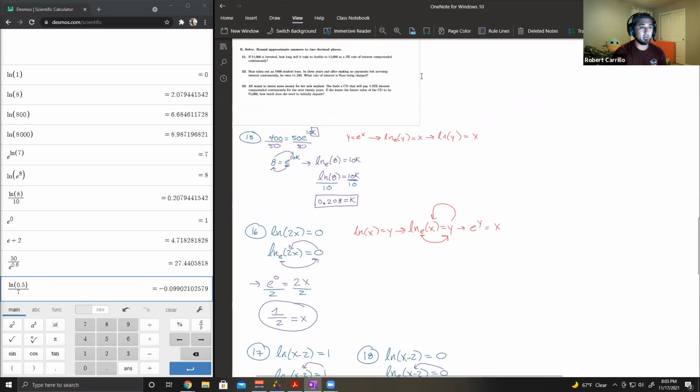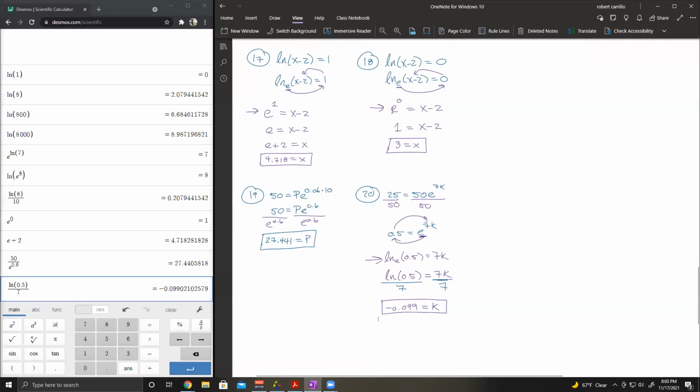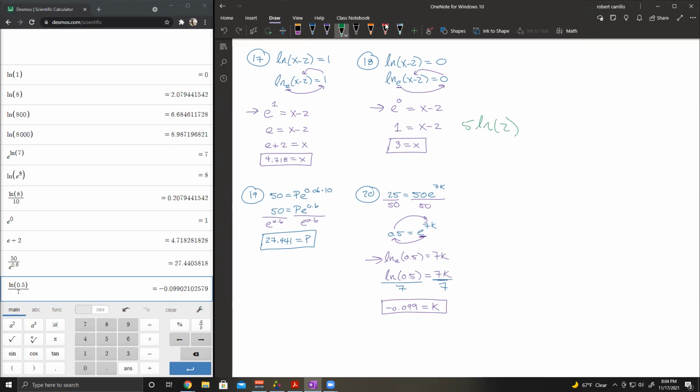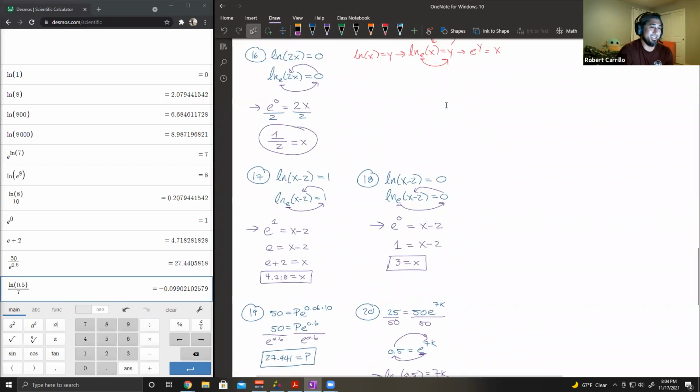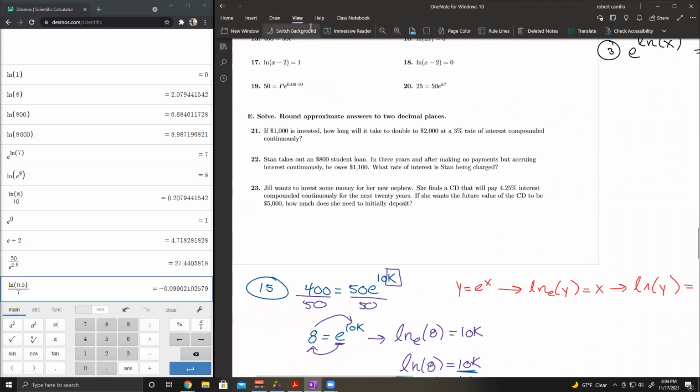All right. Everybody good with 15 through 20? Yes, the only thing I have a question on is, can there be a coefficient before natural log or ln or just log? Yeah, you can have one.